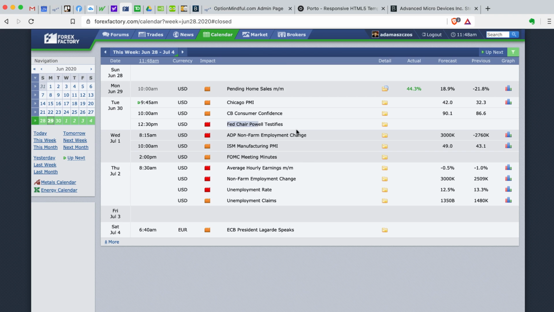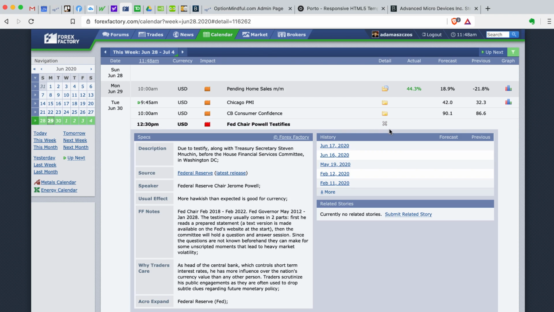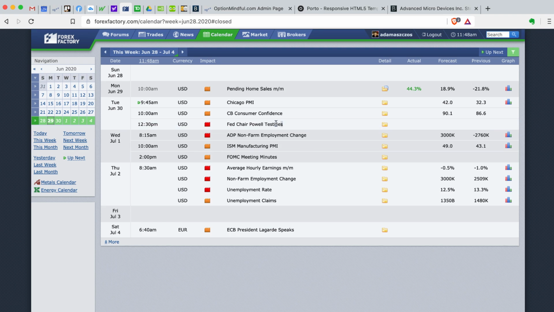The Fed chairman Powell will testify and talk something about the financials. So are they going to print more money or not? Currency, not money. If they're going to print more currency or not, I just expect more of the same. They will just tell you that we're going to support the stock markets, the economy, and we're going to do everything that we can to bring things back up, which means just more printing.